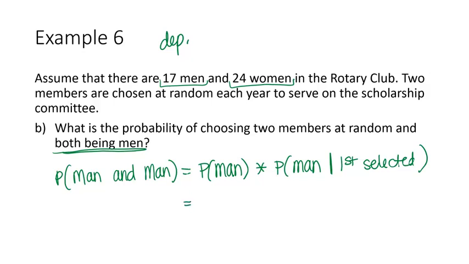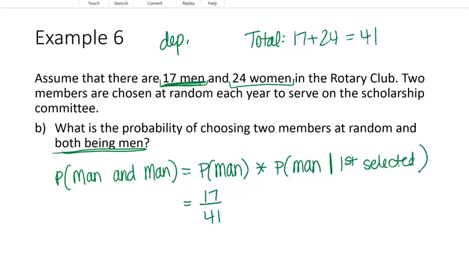So in the very beginning, if I want to know the chances of picking a man, I just have to remember there's 17 men. Those are my possible options. Out of, remember my total, 17 plus 24 was 41. That first probability is not changing because it came first. However, I then have actually selected one of the guys to sit on the committee.